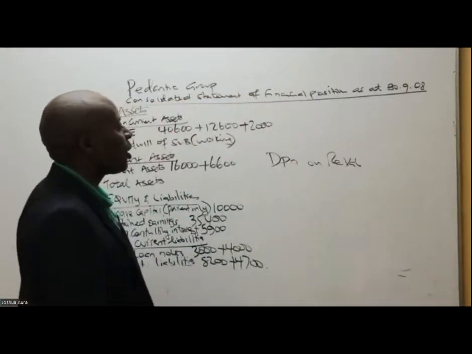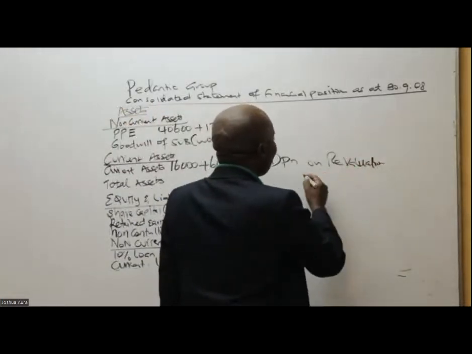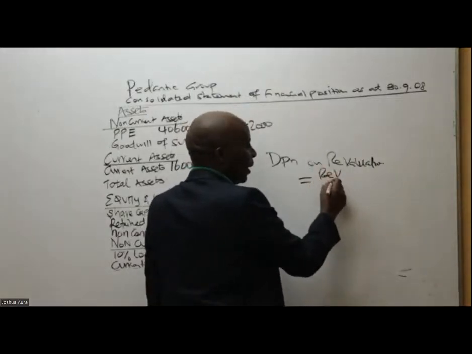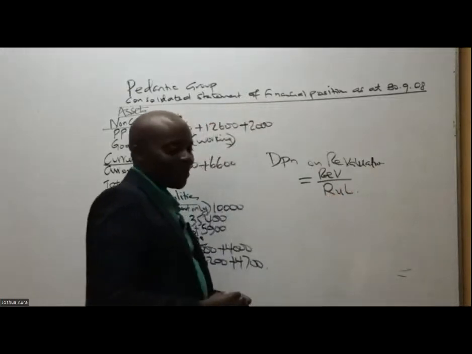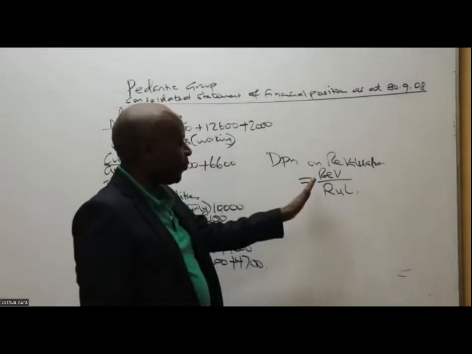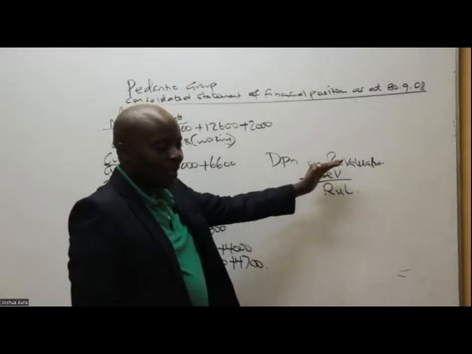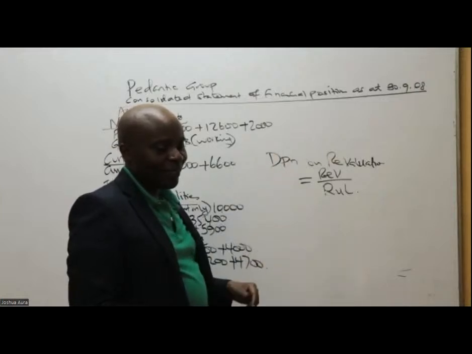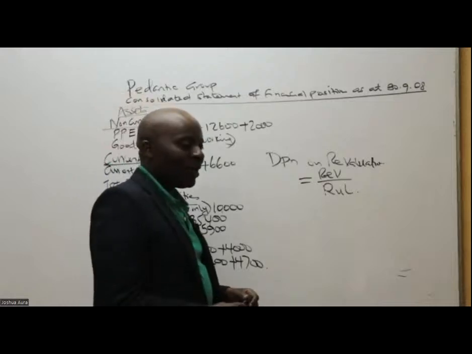So depreciation on revaluation, what do we have? We shall take the revaluation amount over the remaining useful life. Please write it in full: revaluation amount over the remaining useful life.